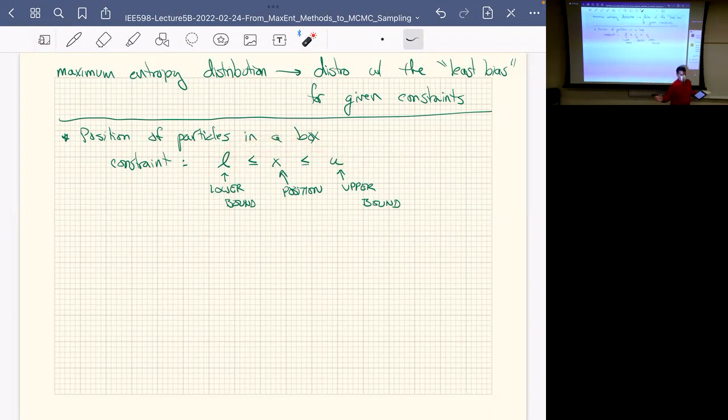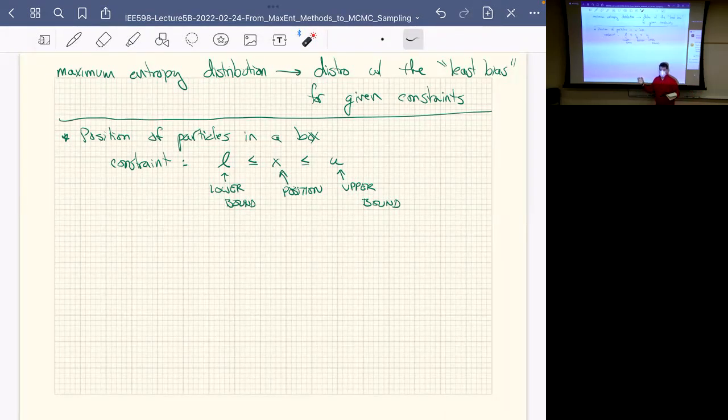I have total freedom to do that. But my choice may reflect something about me. In other words, if I'm not careful, how I choose where to put those particles in that box is going to be a reflection not of the fundamental constraints, but of some bias in my head.